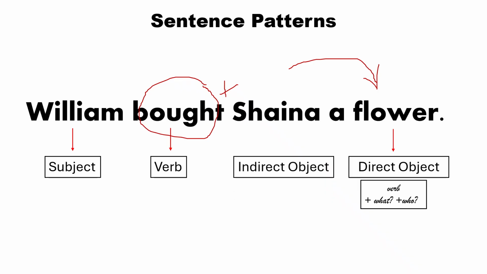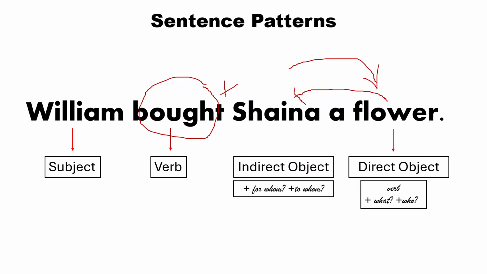Next would be the indirect object. The indirect object is the receiver of the direct object. So bought receives the flower, and who receives the flower? It's Shane. So if the direct object is the receiver of the action, the indirect object is the receiver of the direct object.